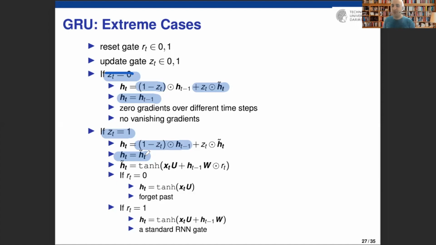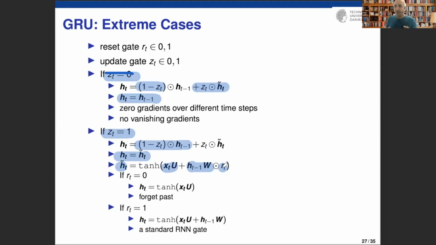You let the model decide how much the content should be reset. If you remember, we defined h~_t, the new memory content, as the tanh of a linear transformation of the input token and a linear transformation of the previous step times a reset gate.